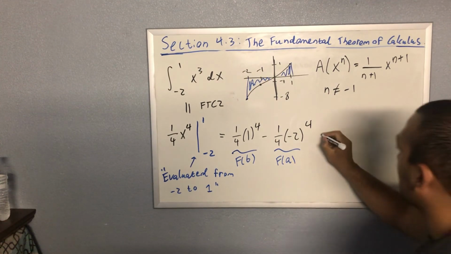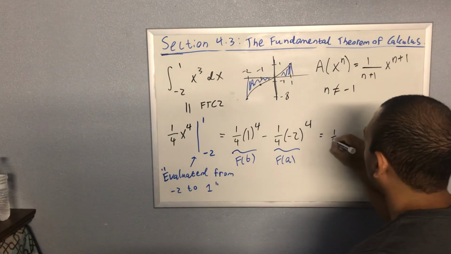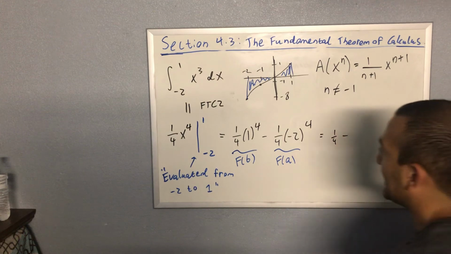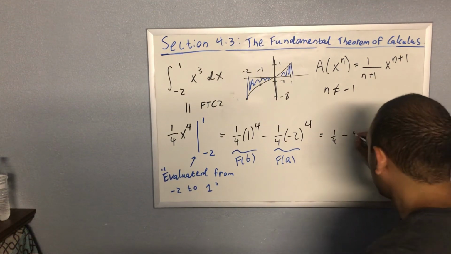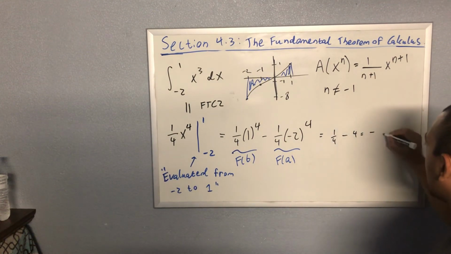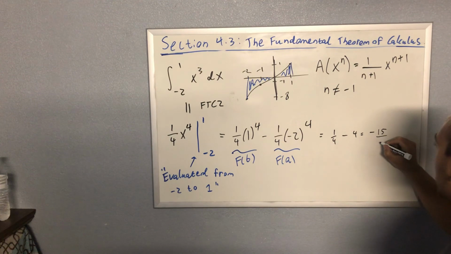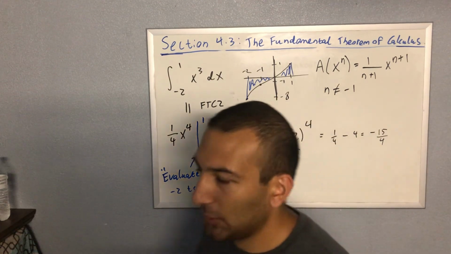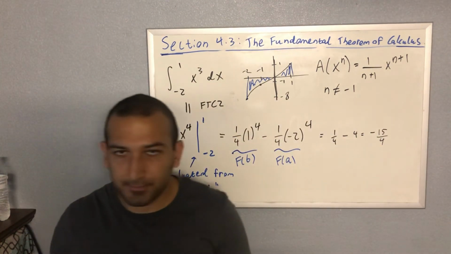And so what does this give us? This gives us 1 to the 4th minus 2 to the 4th is 16, divided by 4 is 4. And so this gives us -15 over 4. So that gives us -15 over 4.